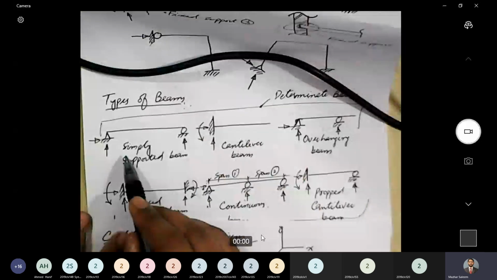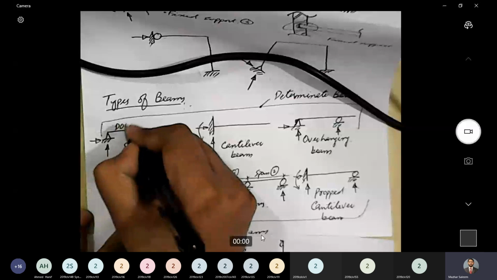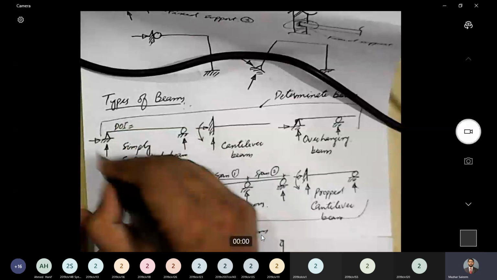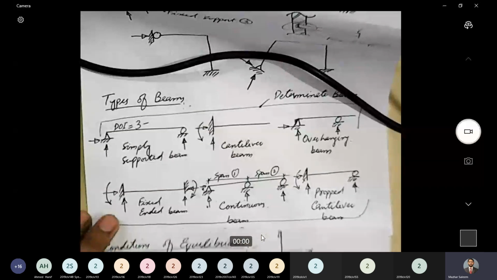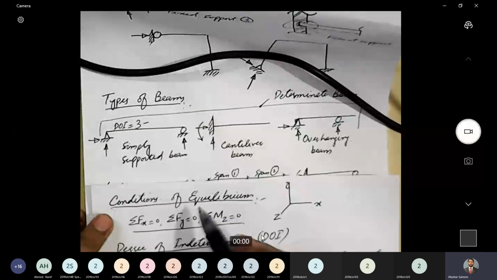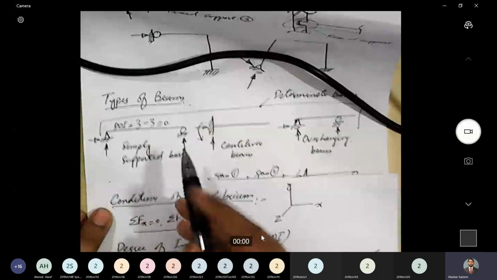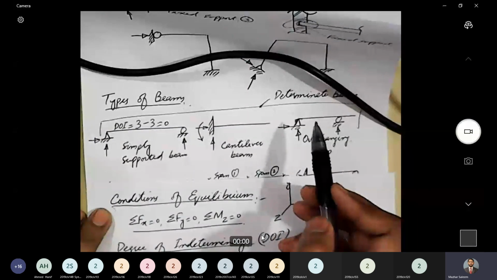So for this beam, a simply supported beam, if I calculate the degree of indeterminacy, how many unknowns are there? 1, 2, 3. How many equations are there? 1, 2, 3. So what is the degree of indeterminacy? 0. And that is why this beam is a determinate beam.